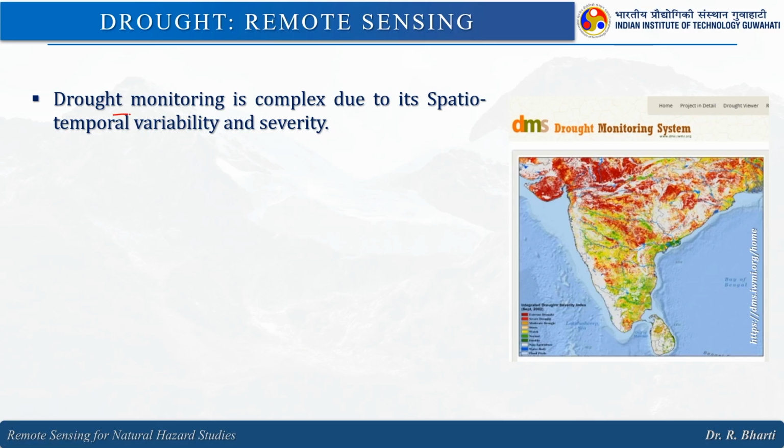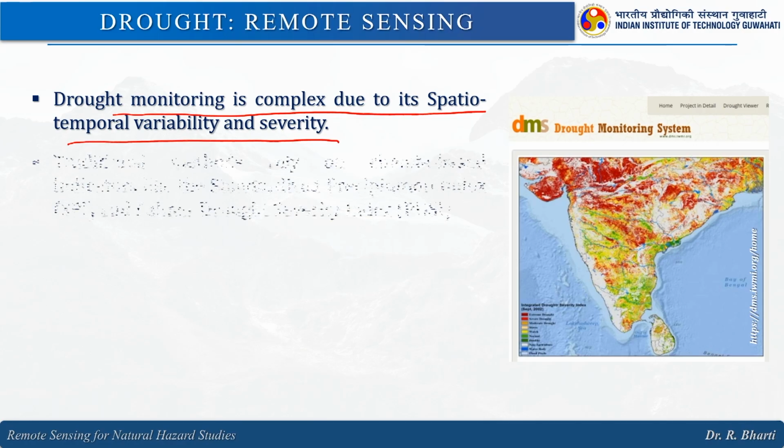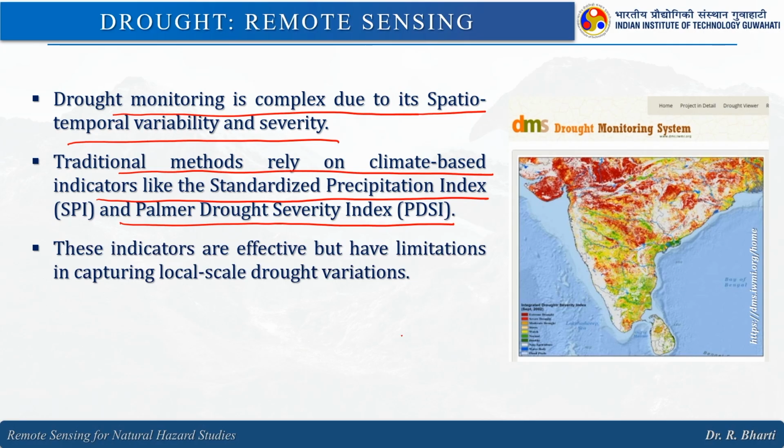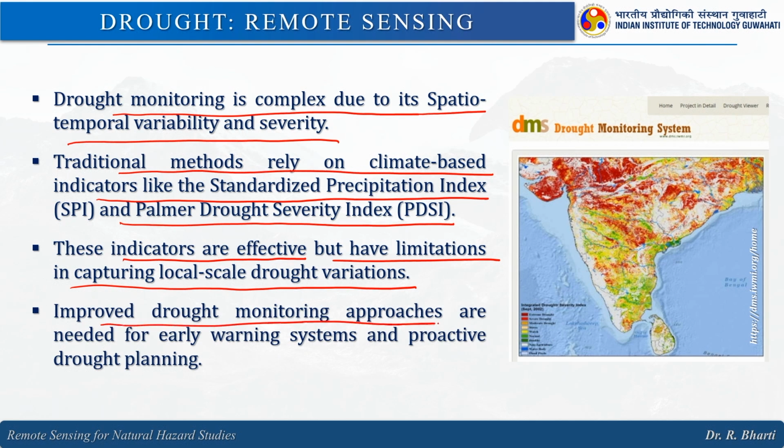Drought monitoring is a complex phenomenon due to its spatio-temporal variability and severity. Traditional methods rely on climate based indicators like the standardized precipitation index and the Palmer drought severity index, PDSI. These indicators are effective, but have limitations in capturing local scale drought variation. Improved drought monitoring approaches are needed for early warning systems and proactive drought planning.